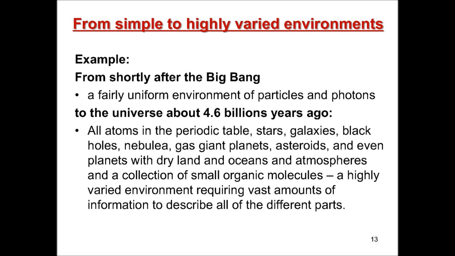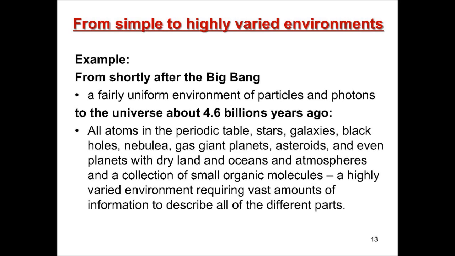Of course, my favorite example is you start from the Big Bang, and shortly after the Big Bang, you got a pretty uniform environment of particles and photons, and then move that forward to 4.6 billion years ago, and look at the vast variety of things that are now in it.